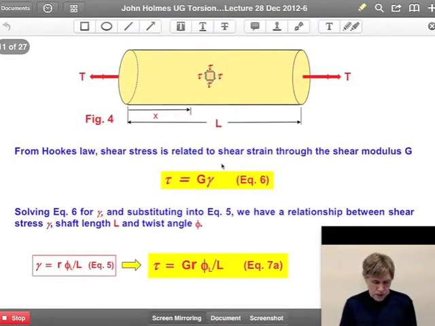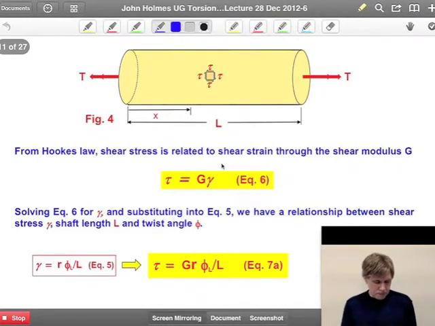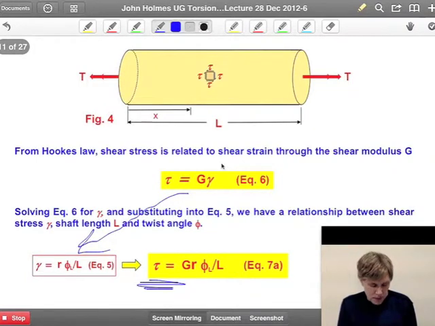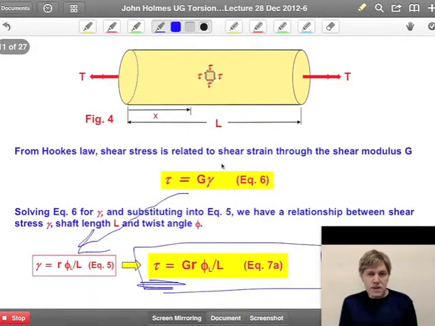If we now take equation 6 and substitute it back into equation 5, so essentially we've got equation 5 from the previous lecture, and we solve now for shear stress after substituting in, we end up with equation 7a, which gives us the shear stress distribution in the shaft as a function of r.